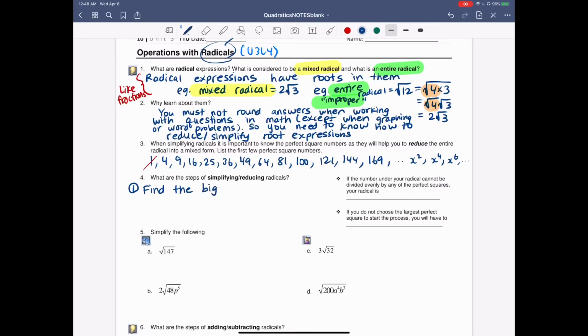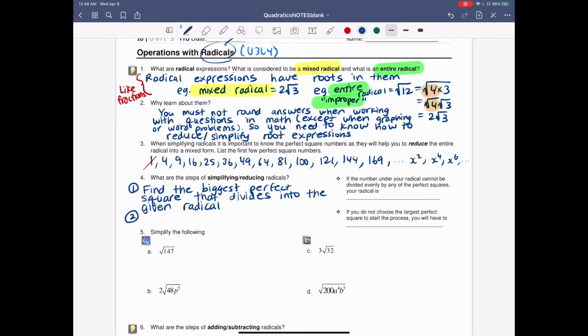Find the biggest perfect square that divides into the given radical. Step 2: find the biggest perfect square that divides into the given radical.